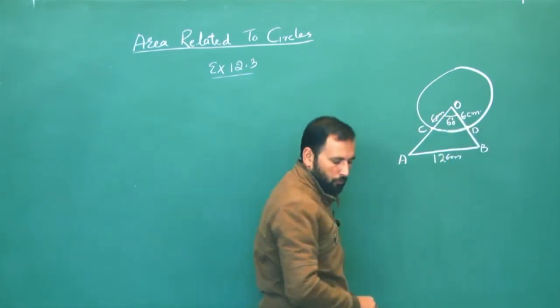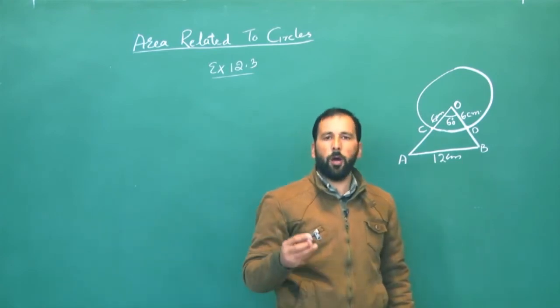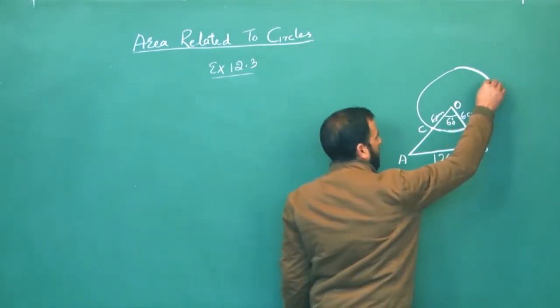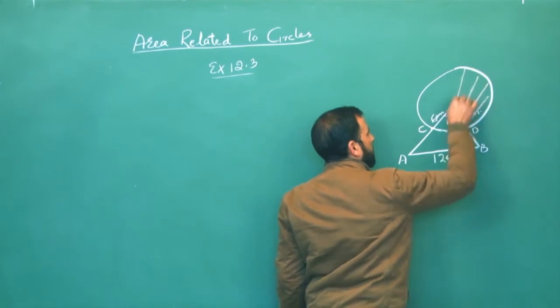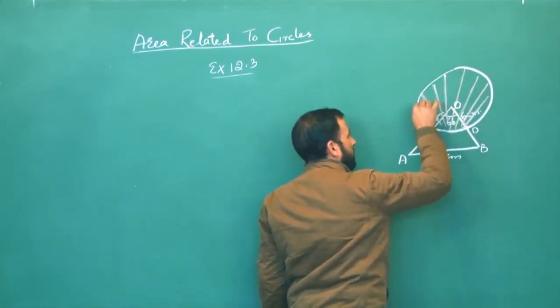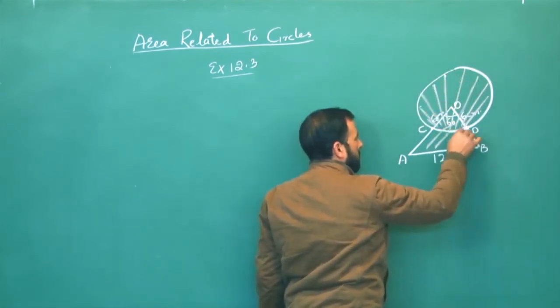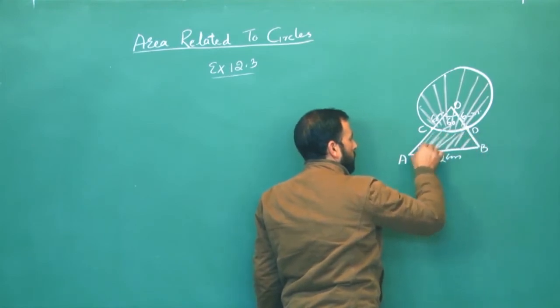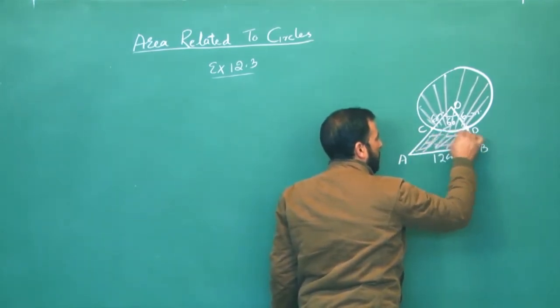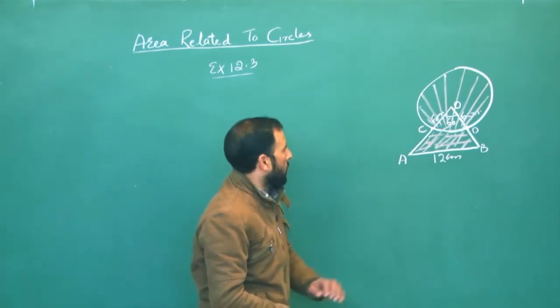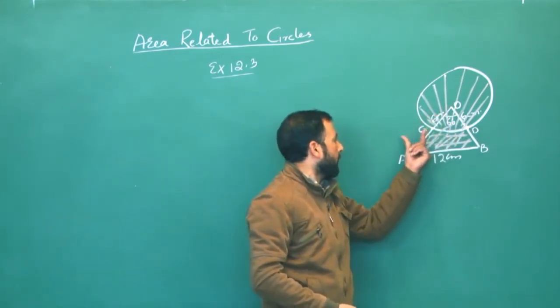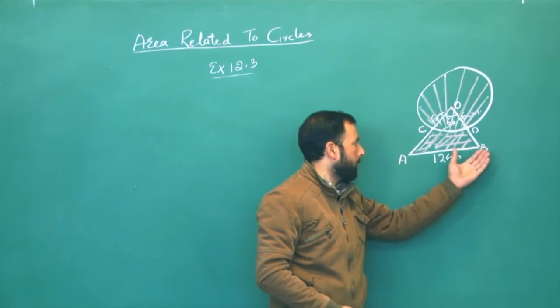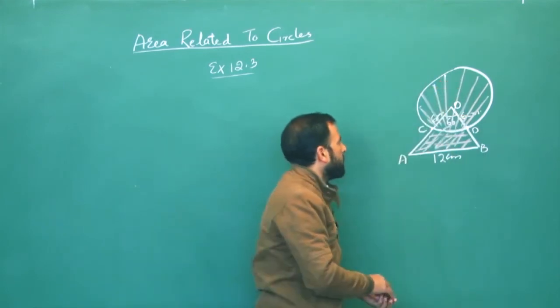Now, what do we have to find? We have to find out the area of the shaded region. Which region is shaded here? This whole part is the shaded region. So, first of all, we find the area of an equilateral triangle OAB and the area of this major sector.